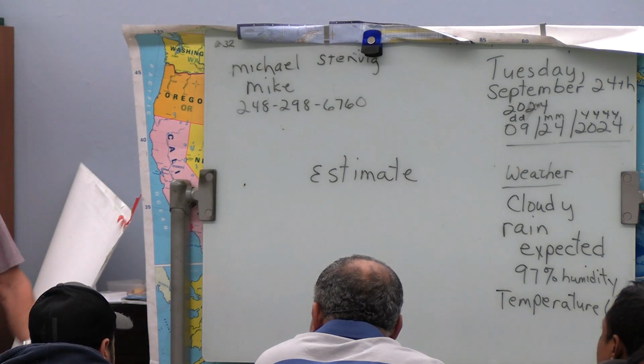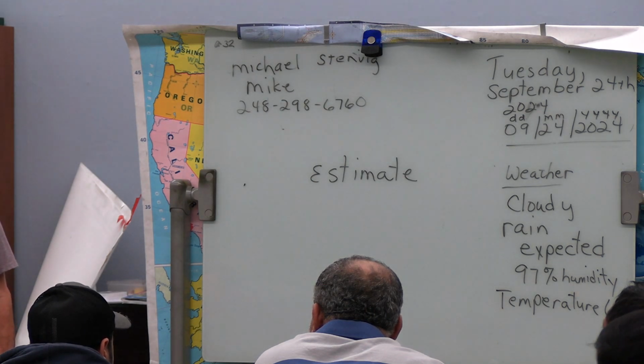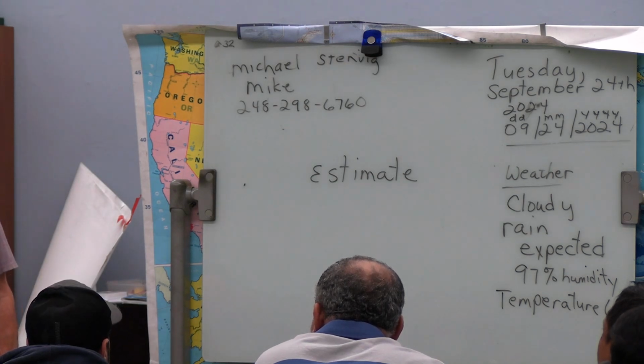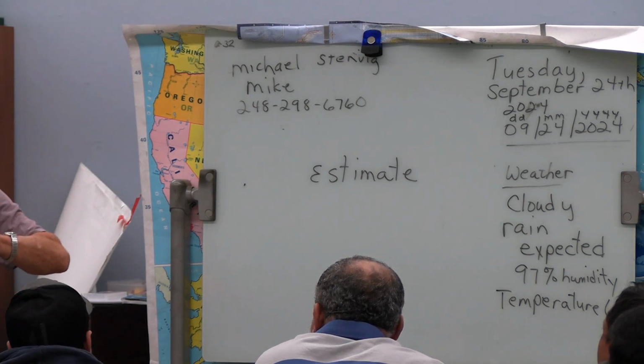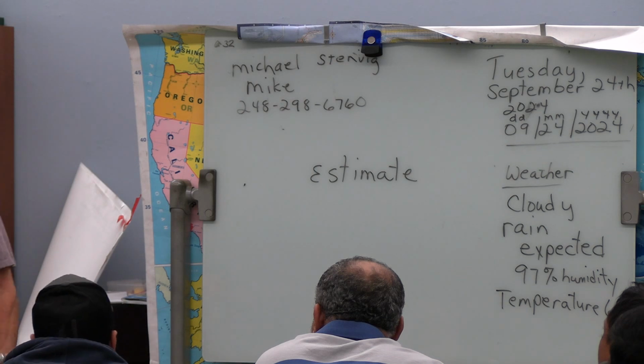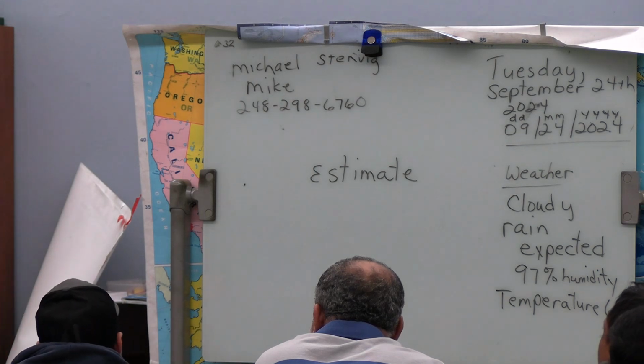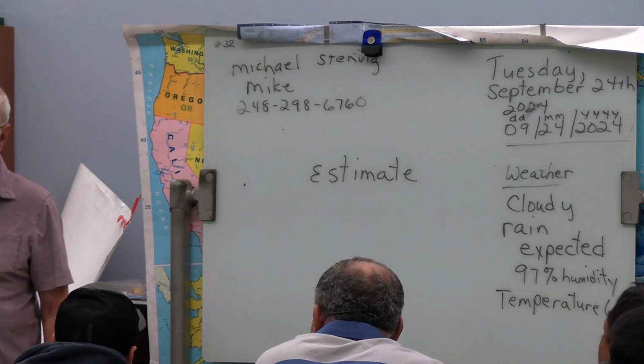So, I estimate how long will it take me to get to work in the morning? How long will it take me to drive here? Some days I can make it here in 12 minutes. Some days traffic is bad, takes me 20 minutes.